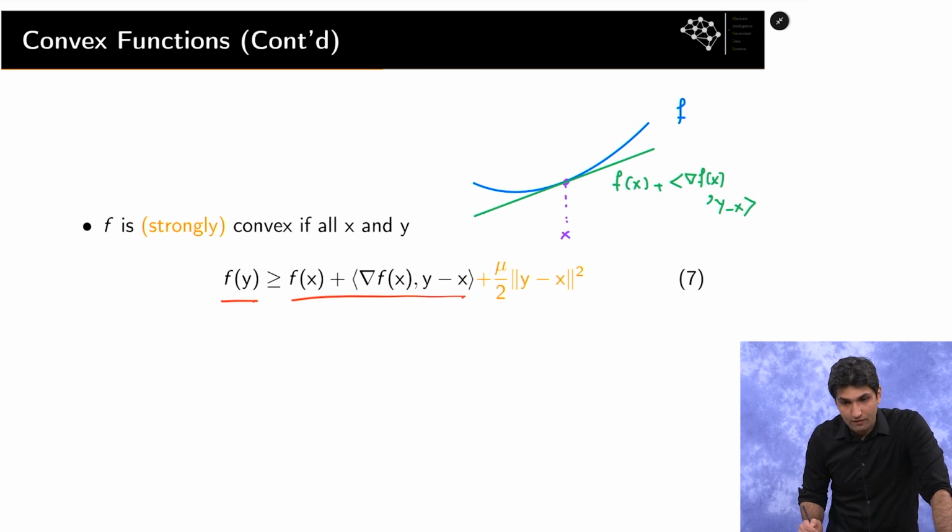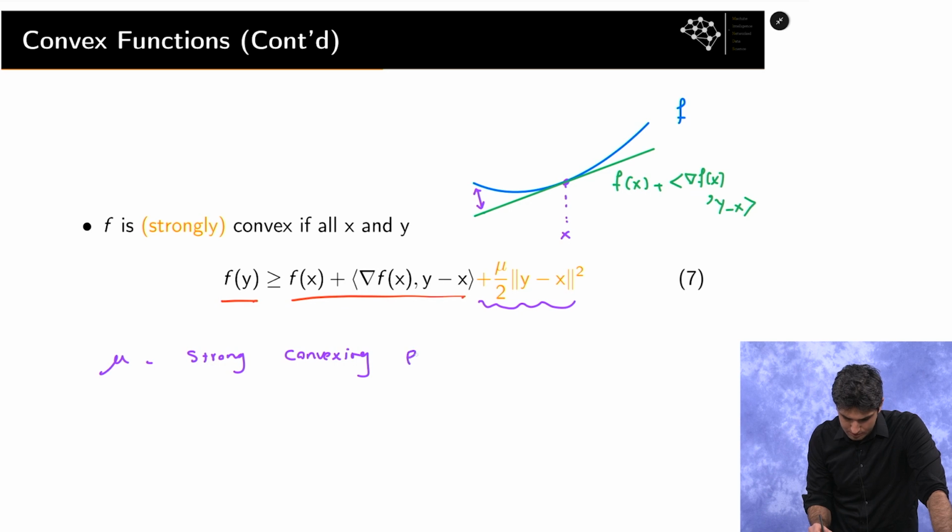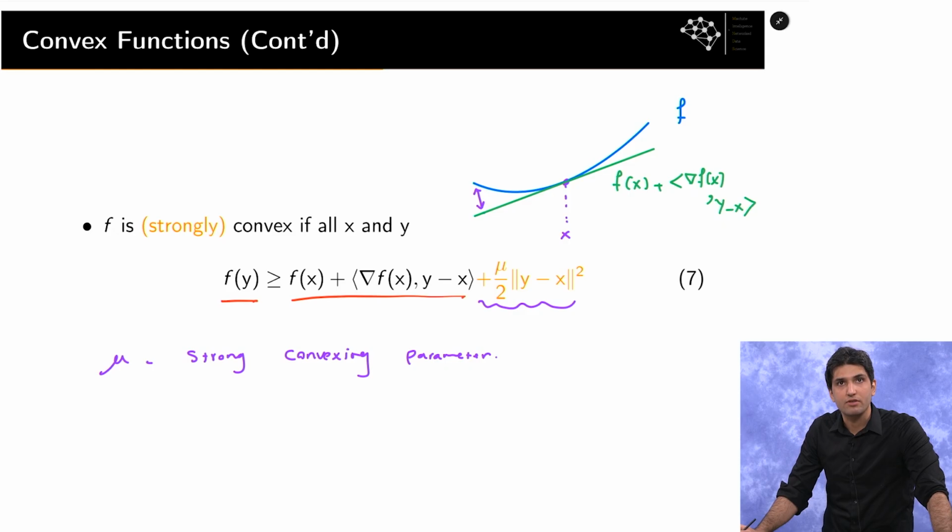And the function is strongly convex where there is a non-negligible gap, or non-zero gap, between the tangent line and the function value. Okay? And the gap can be mathematically described by adding this term to the definition of a convex function, where mu is called the strong convexity parameter, and essentially mu determines the extent of the function being strongly convex.